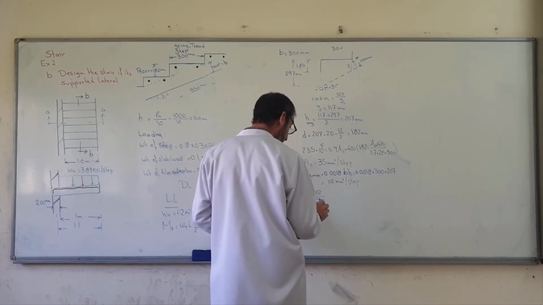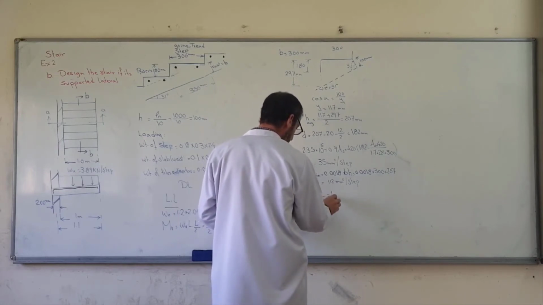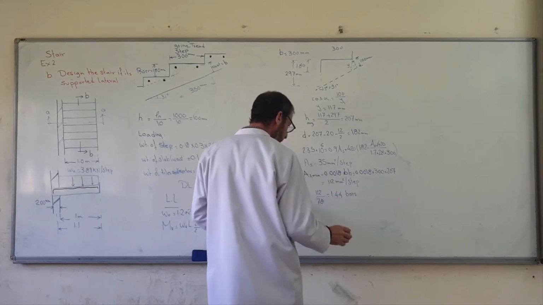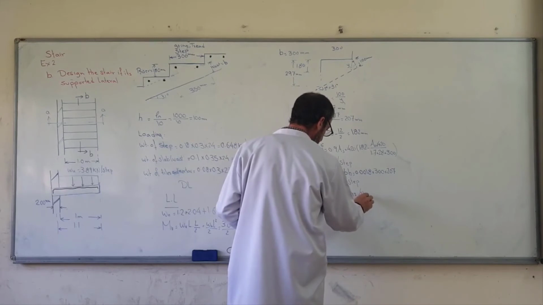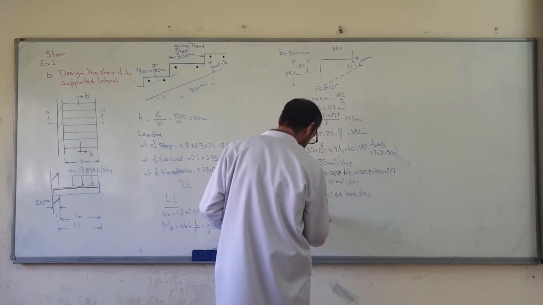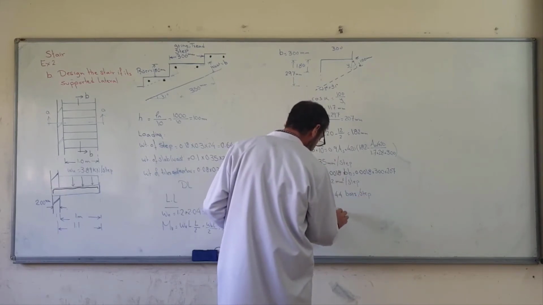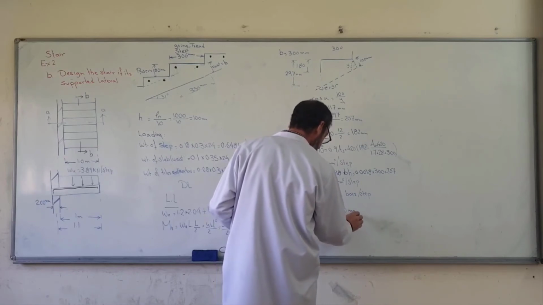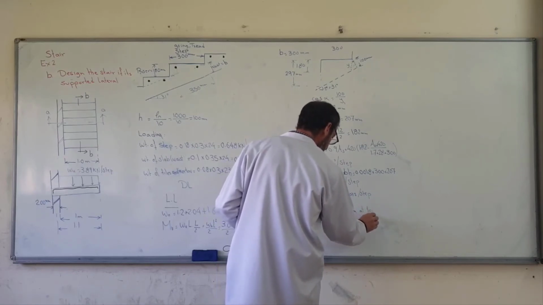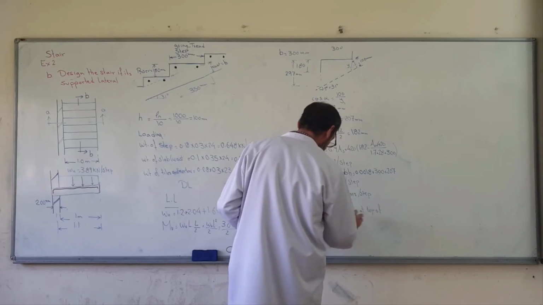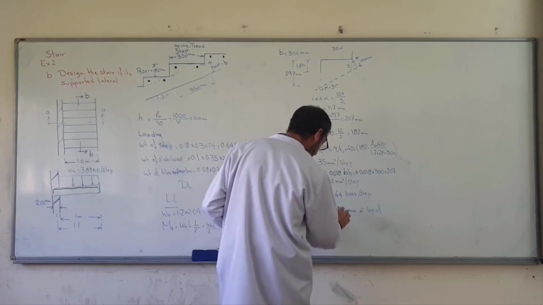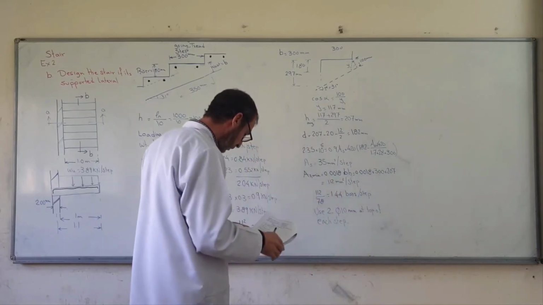This gives 1.4 bars per step. Then use 2 phi 10 millimeter at top of each step. At each step. We design for each steps.